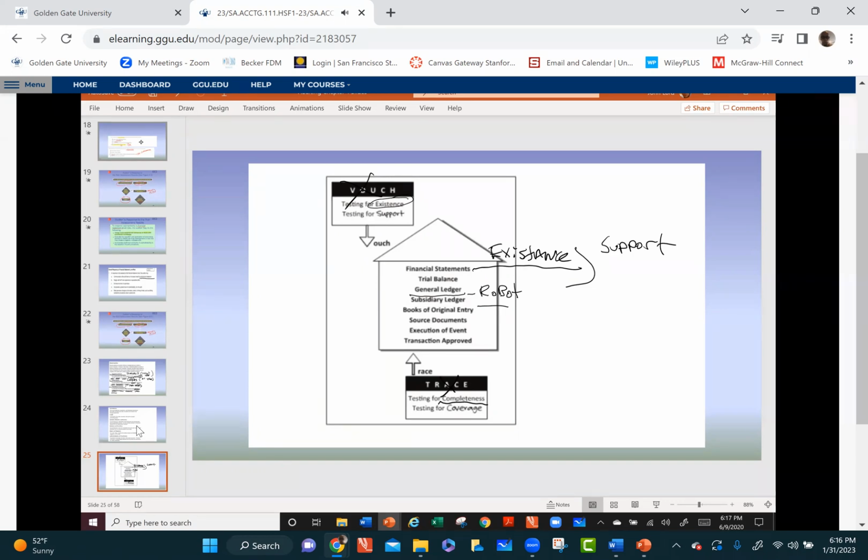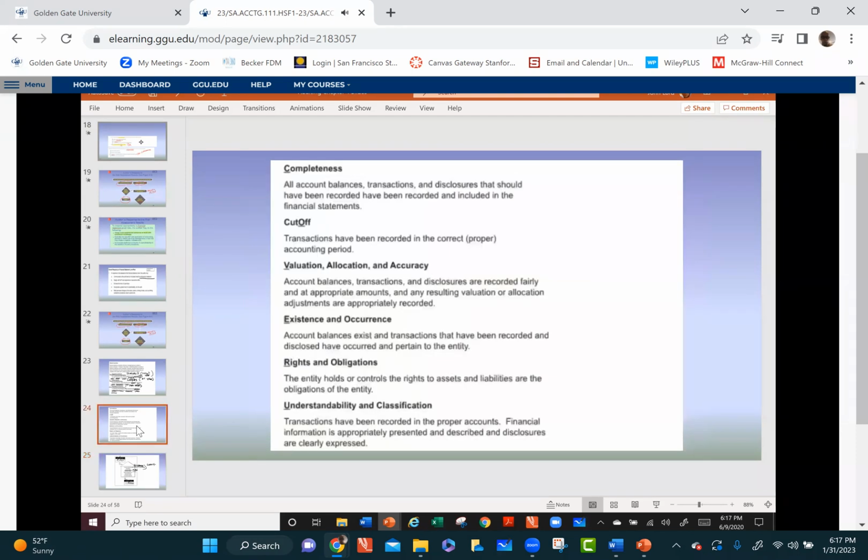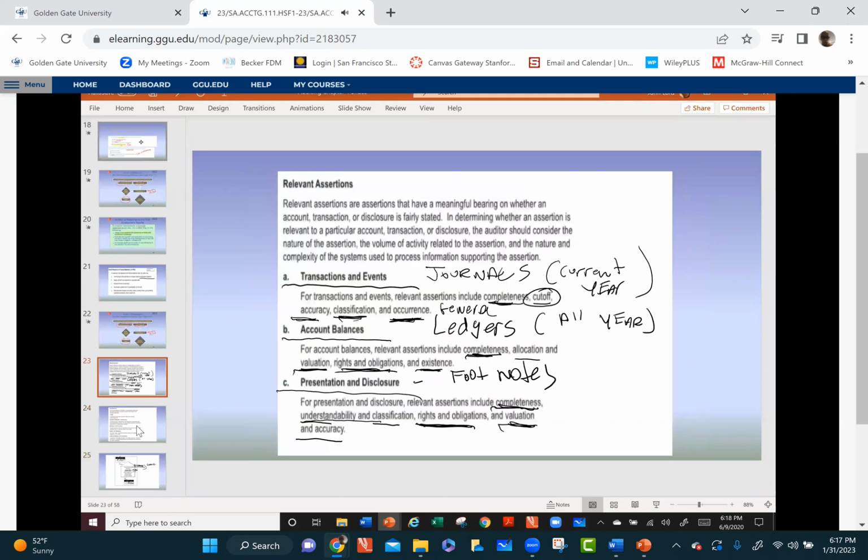I could look at a document that says they bought the robot. In fact, I probably would apply the procedure of looking at the document that says they bought this robot on such and such a day, because that is helping me with the rights and obligations assertion. Remember, we would probably be under account balance here.